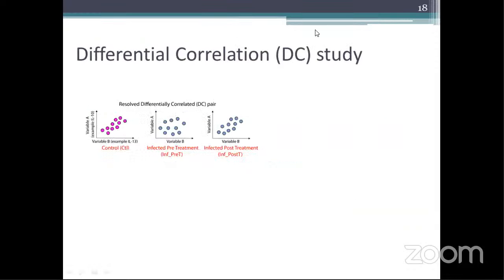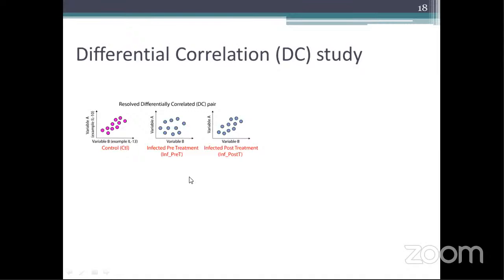So consider a variable pair, say variable A and variable B, and in a control population, let's say these 2 variables have a high correlation between them. Now let's measure the same variable A and variable B in an infected population. Because of the infection, they could have completely lost the correlation that existed between them.